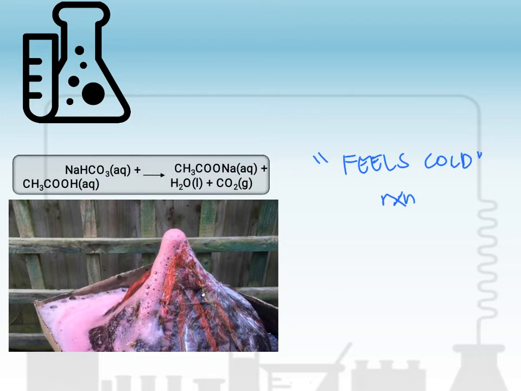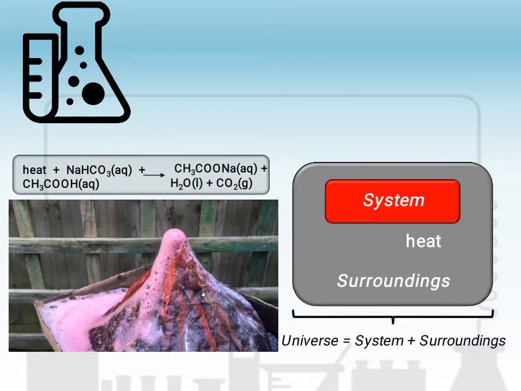Okay, so sa tingin nyo, saan ko i-add yung heat dito sa aking chemical equation? Do I add heat on the left side, on the reactant side? Or do I add heat on the product side or the right side?